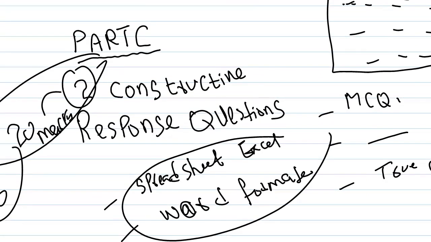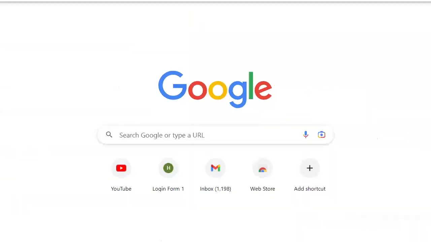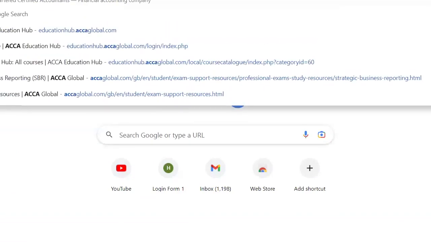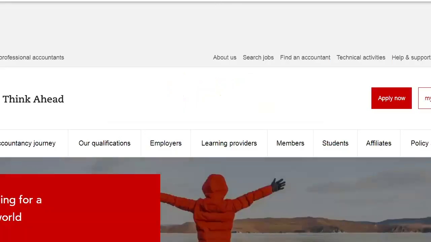Now, one more thing regarding the exam structure. I have discussed the paper pattern verbally, but let me show you how it will actually appear in your exam. Let me open the exam sheet.